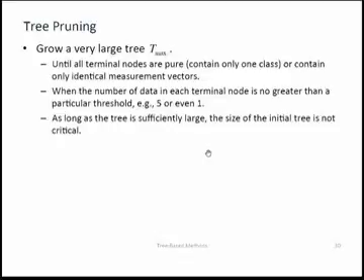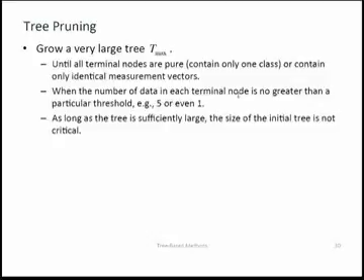So we're going to grow a large tree, and we're going to do that until the terminal nodes are pure or close to pure. So just grow it deep. It doesn't matter to me how many things are in the terminal nodes. We can do this, for example, until we reach a threshold. We could even say we want one item in each terminal node, which is ridiculous, right?